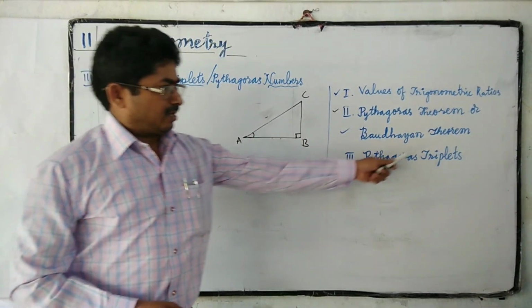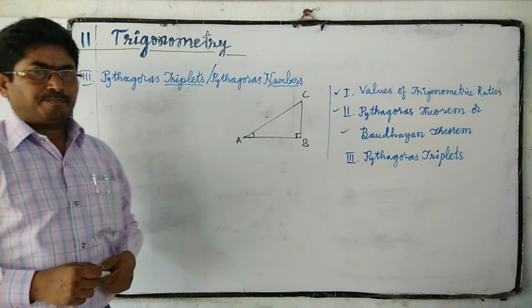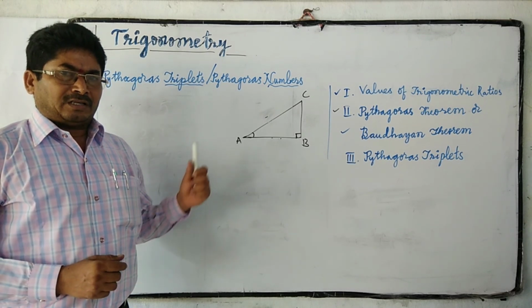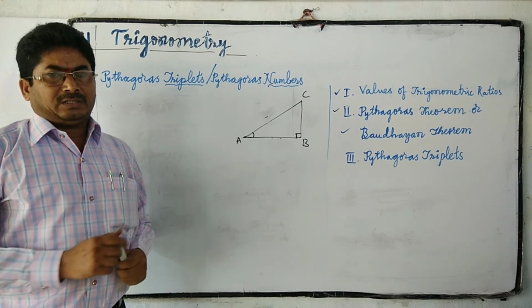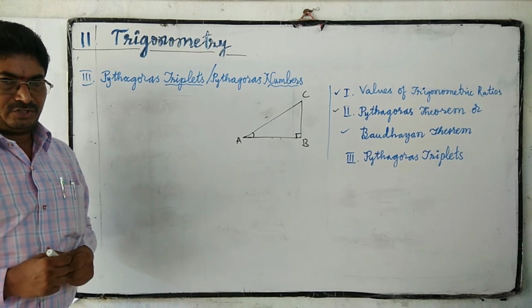Next, Pythagoras triplets. Pythagoras triplets are Pythagoras numbers. Without calculating the other side, we can also know that side if we know these Pythagoras triplets.